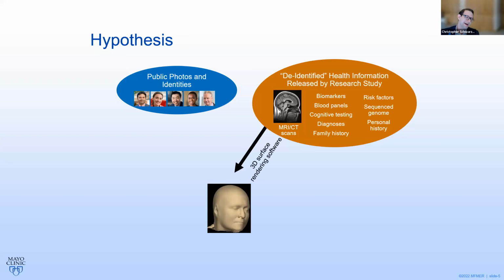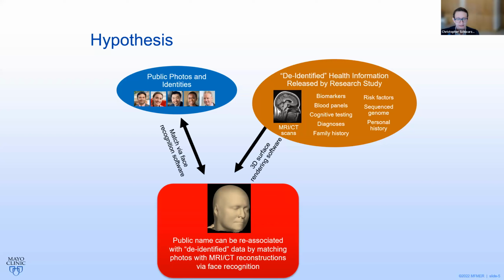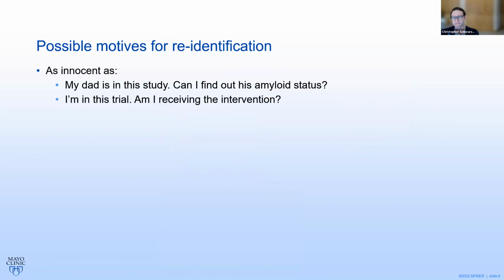If you suspected that somebody was in that data set, could you take all of the MRIs in something like ADNI, create a 3D surface reconstruction out of each one, and match it with photographs that you might already have of this person in order to find them in ADNI? And if you did, then their public name would be reassociated with that de-identified PHI by matching photographs with face recognition. Why would anybody want to do this?